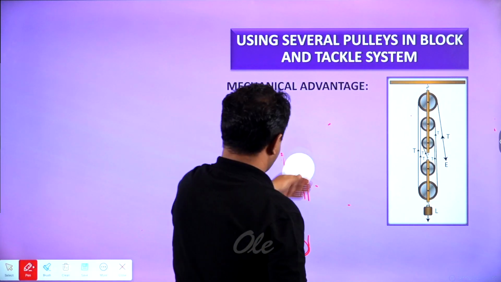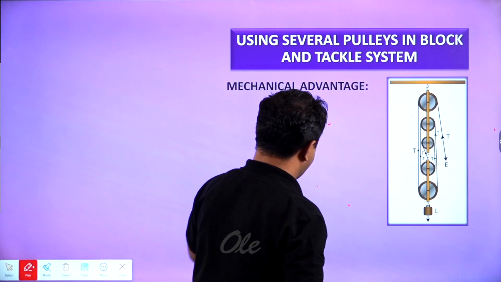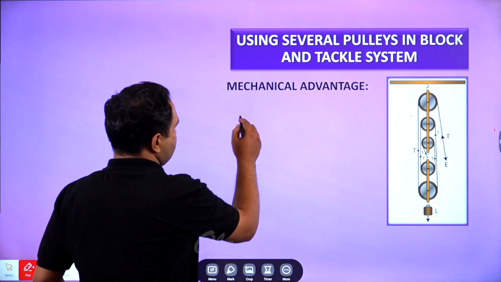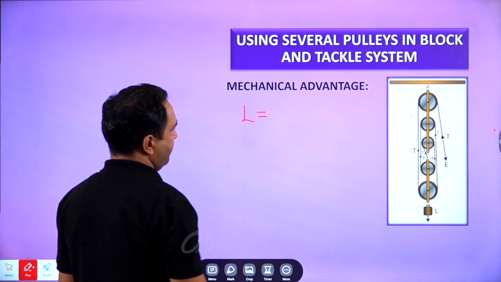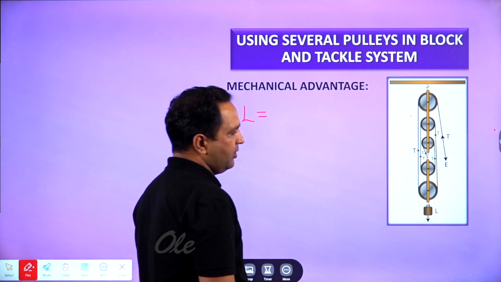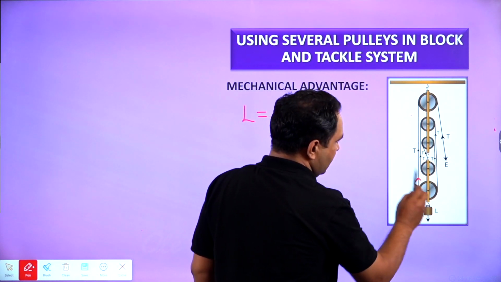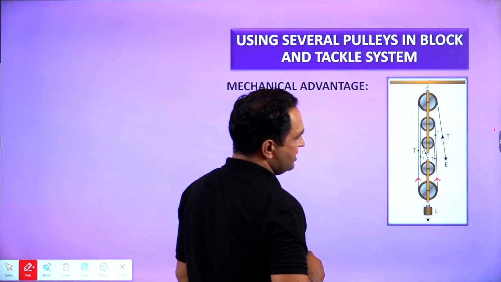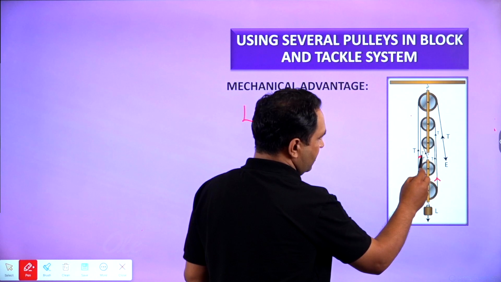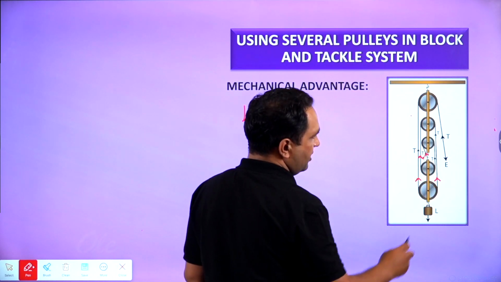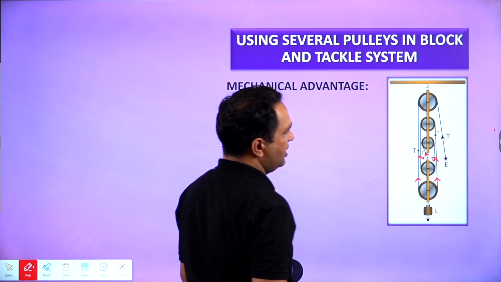So let's try to calculate the mechanical advantage with the combination of these pulleys. So first of all, what is the load? How many forces are working against this load? One tension must be here in this rope, here in this rope, here in this rope, here in this rope, here in this rope.